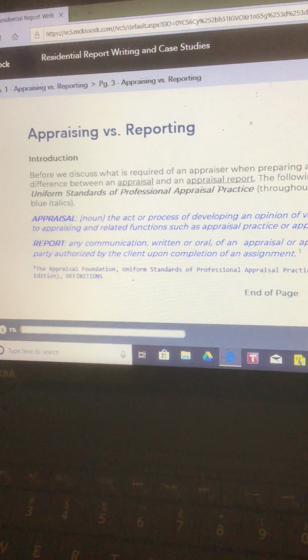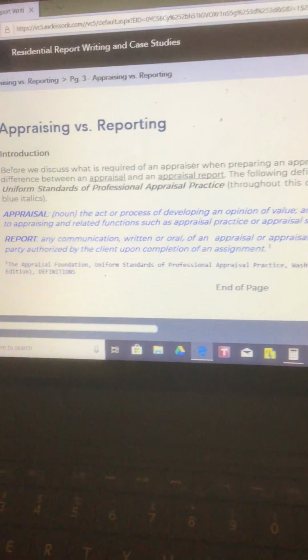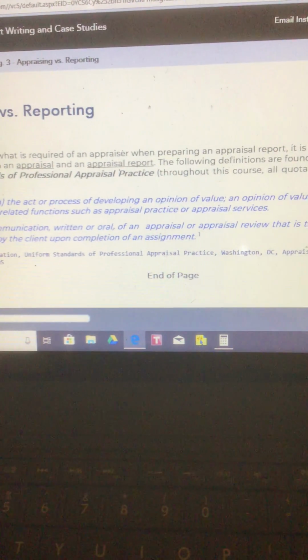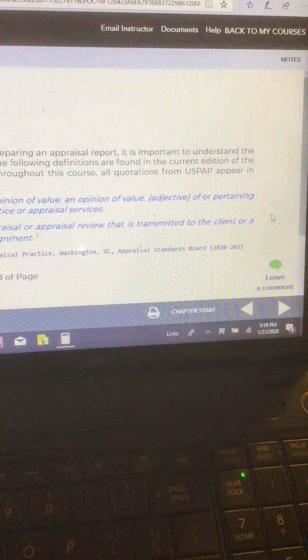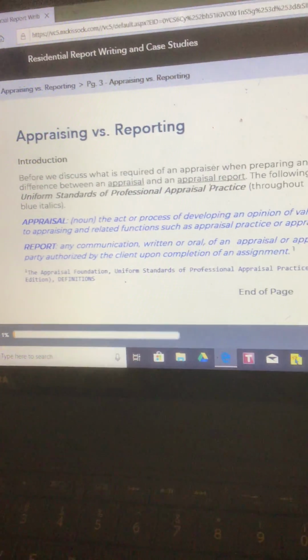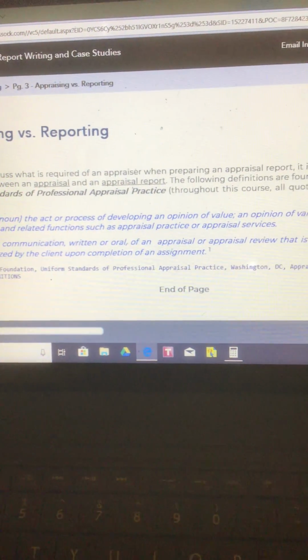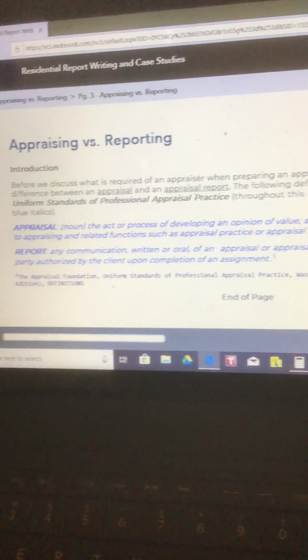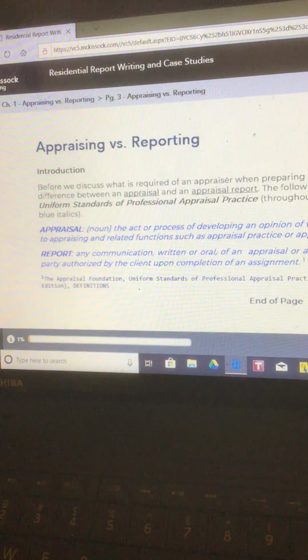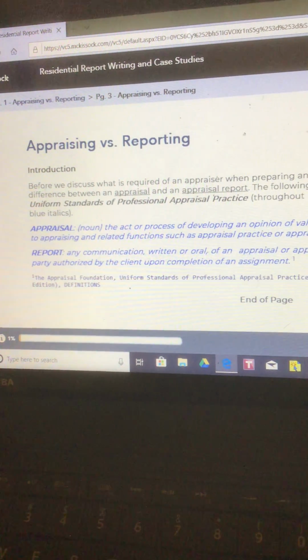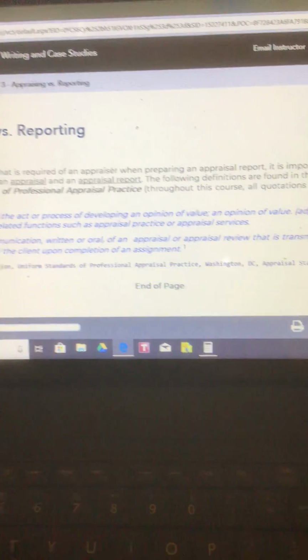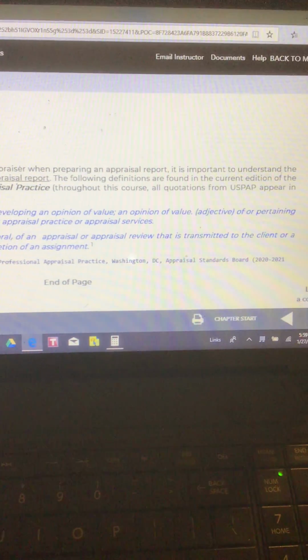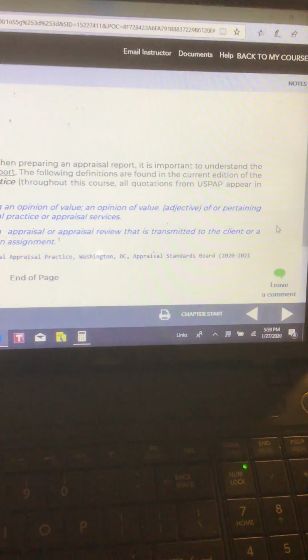Report: any communication, written or oral, of an appraisal or appraisal review that is transmitted to the client or a party authorized by the client upon completion of an assignment. Appraisal Foundation, Uniform Standards of Professional Appraisal Practice, Washington, D.C., Appraisal Standards Board, 2020-2021 edition, definitions, end of page.